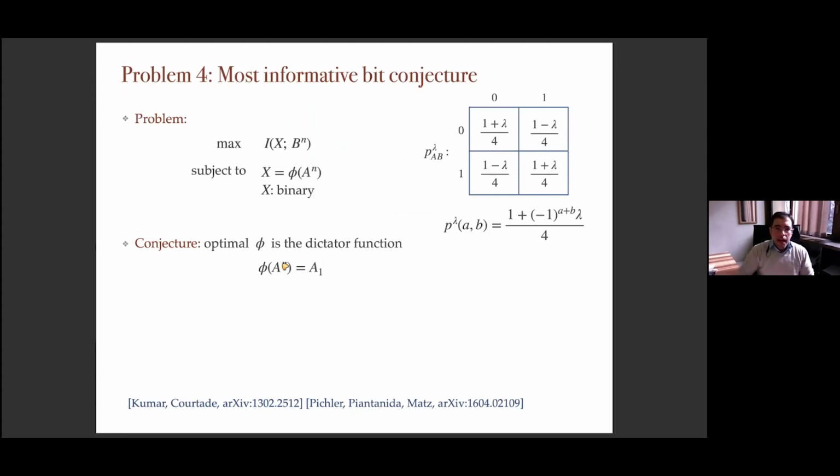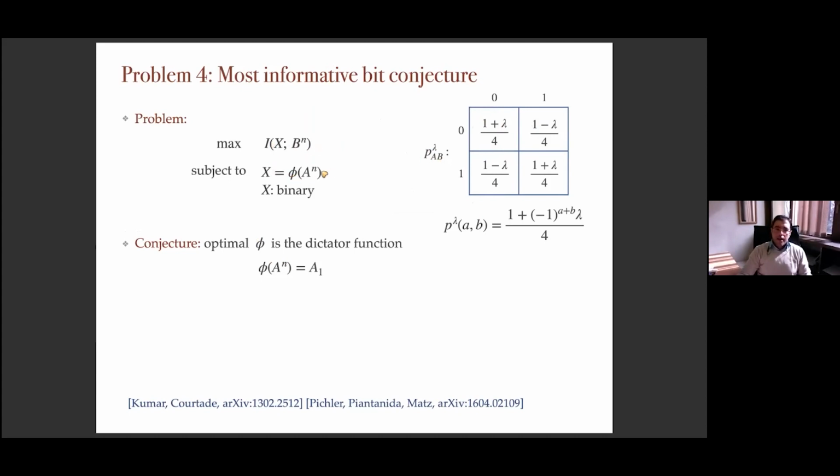Okay. And my last problem is called the most informative bit conjecture. It's the following setup. So P_AB is the same distribution I considered before with this parameter lambda. Again, copies of A go to Alice, and copies of B go to Bob.